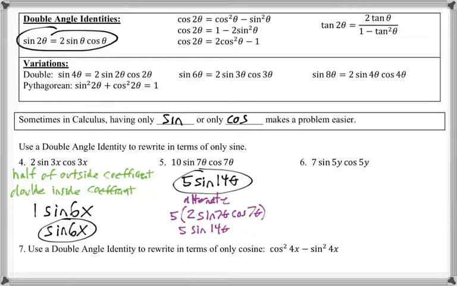So that's another way to do it, and it makes it look more like the identities. But the other way is to just say half of the outside coefficient and double the inside coefficient.